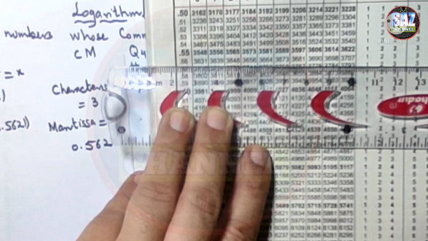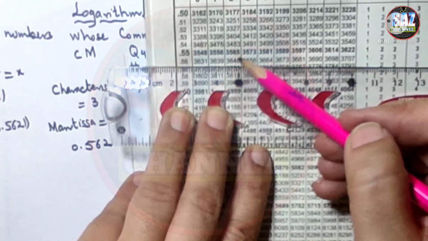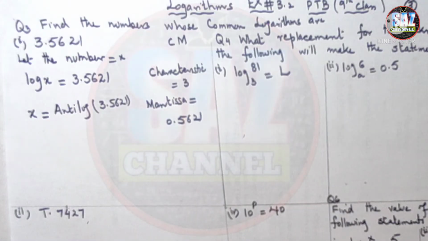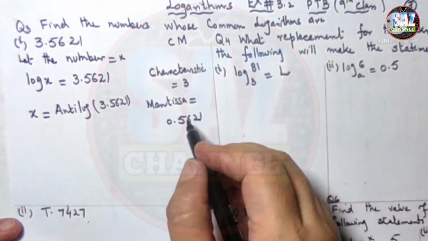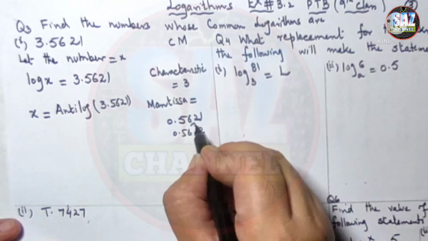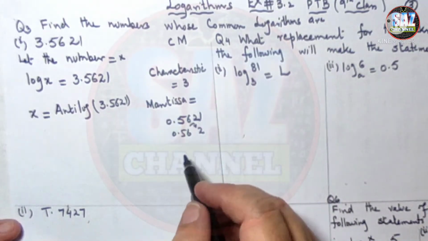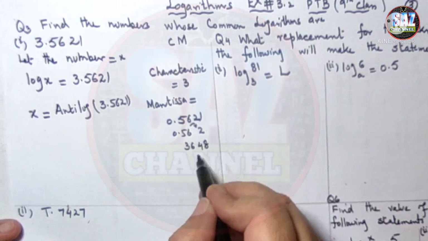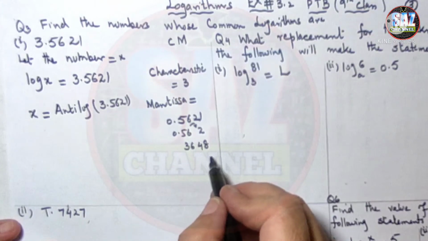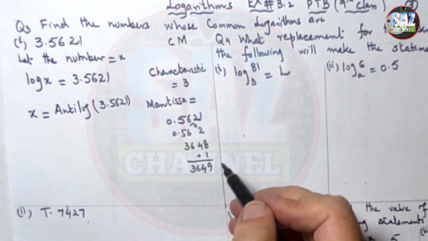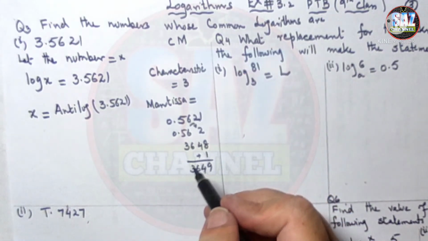So when I add 1 to 3648, this becomes 3649.